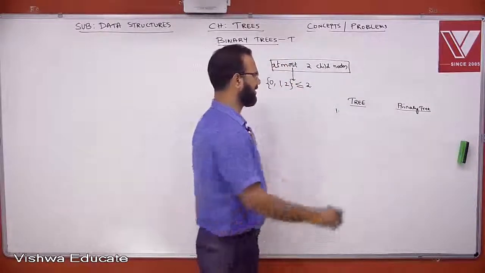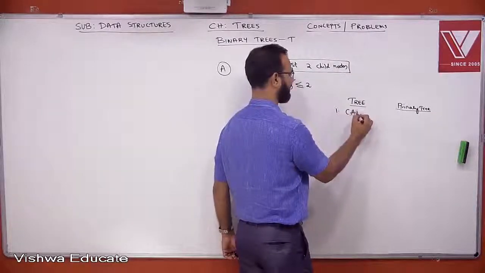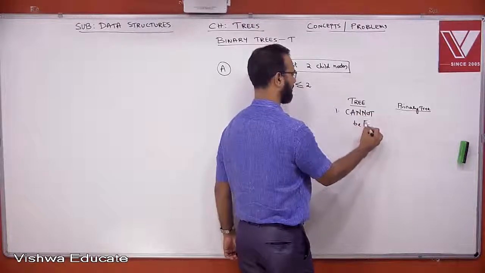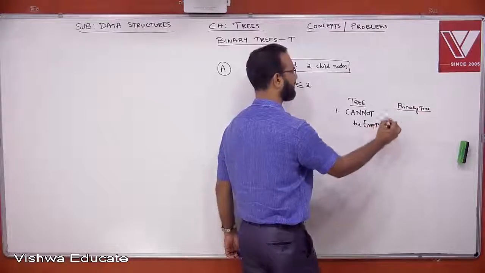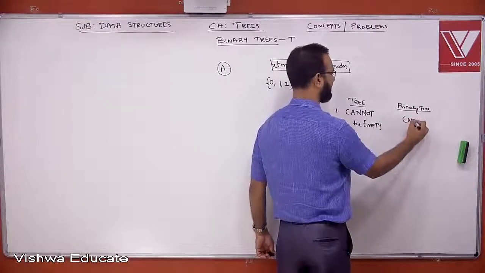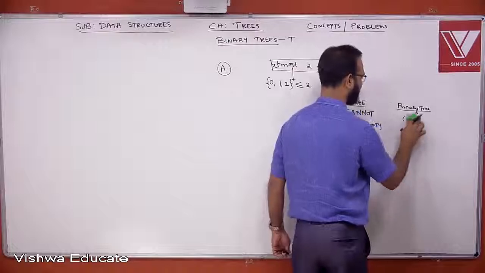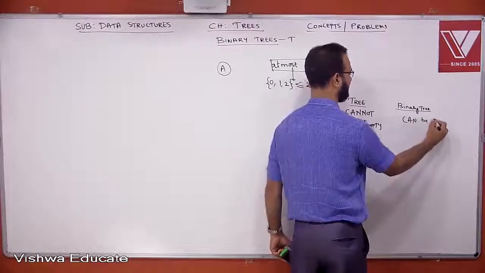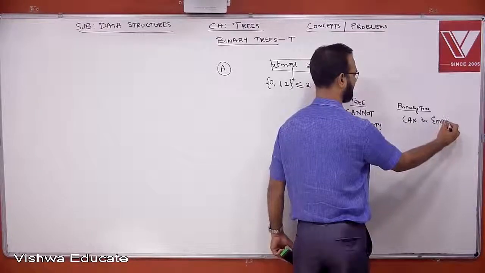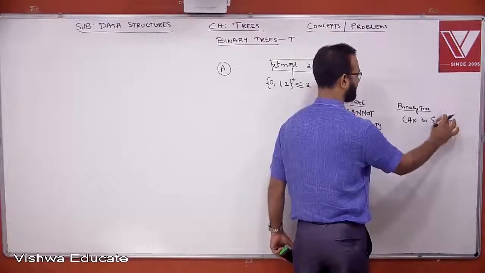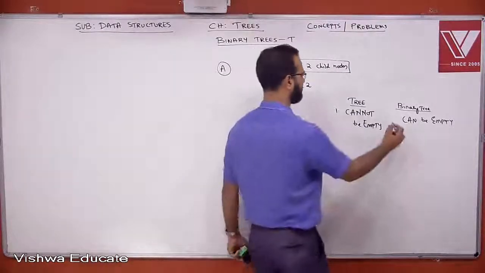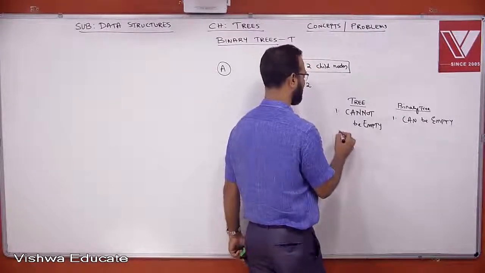A tree cannot be empty, whereas a binary tree can be empty. It's not always empty, it can be empty. When I am saying can be empty, it may also not be empty. So, maybe, may not be.